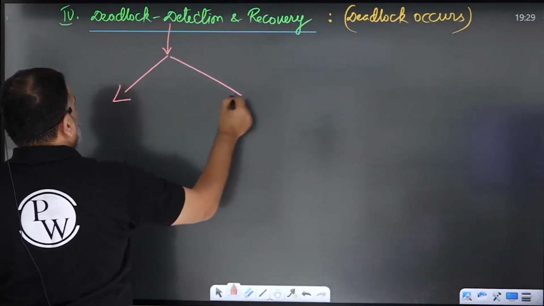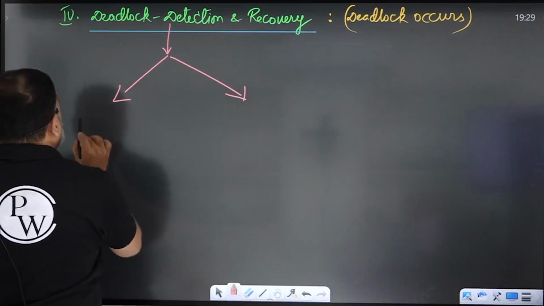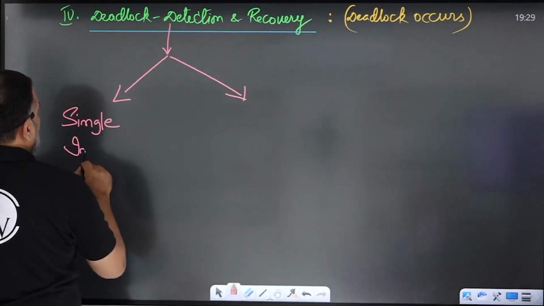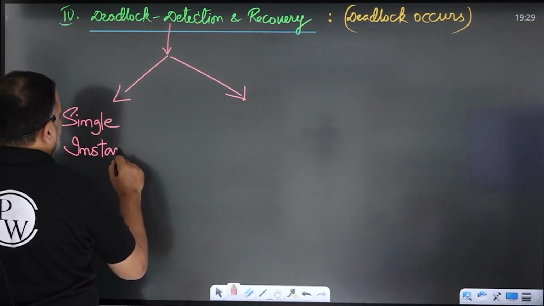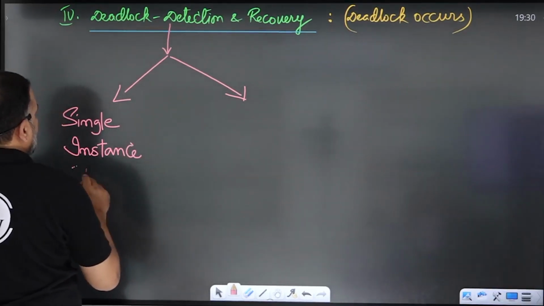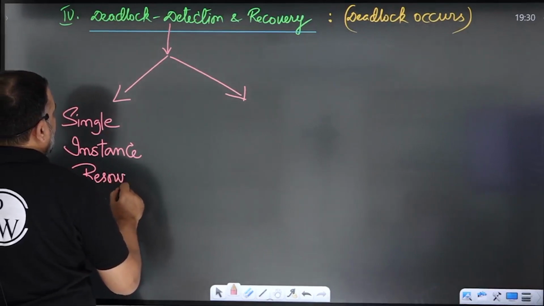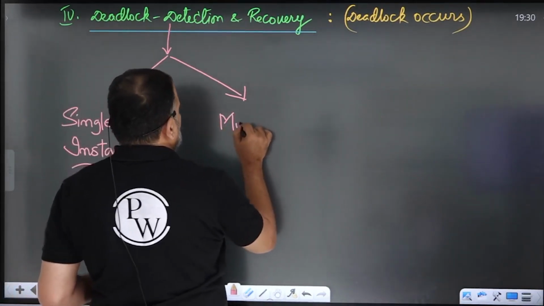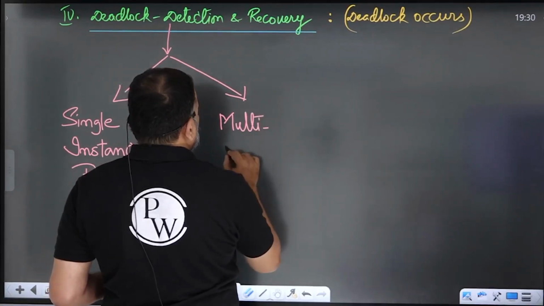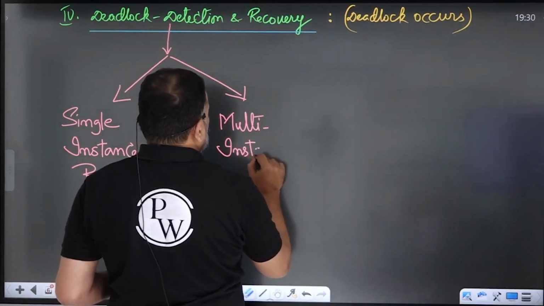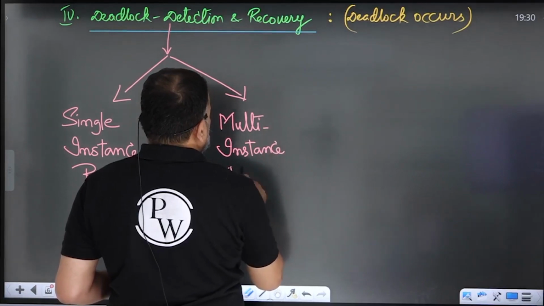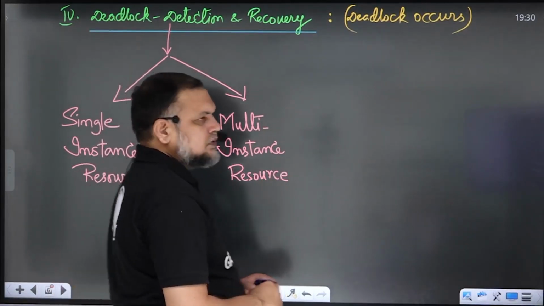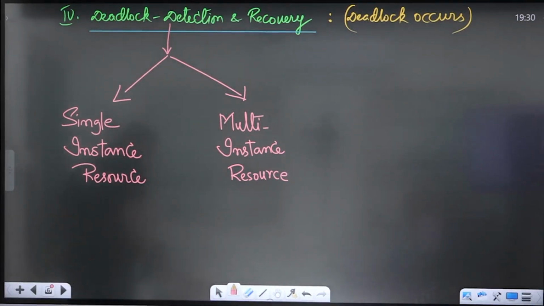One is for the case of single instance resource, that means when my system has resources of single instance type, and the other is multi-instance resource.